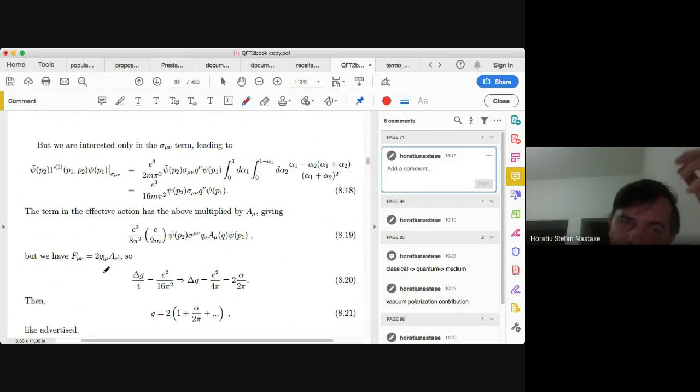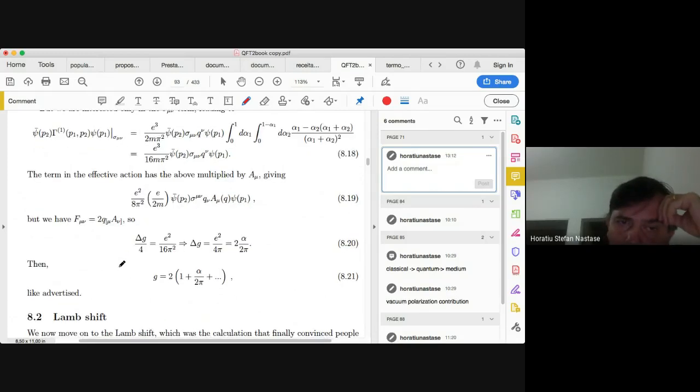Derivative becomes q in momentum space. So finally, that means that delta g over 4, the one loop correction from quantum field theory that we wanted to obtain for g, is e squared over 16 pi squared.